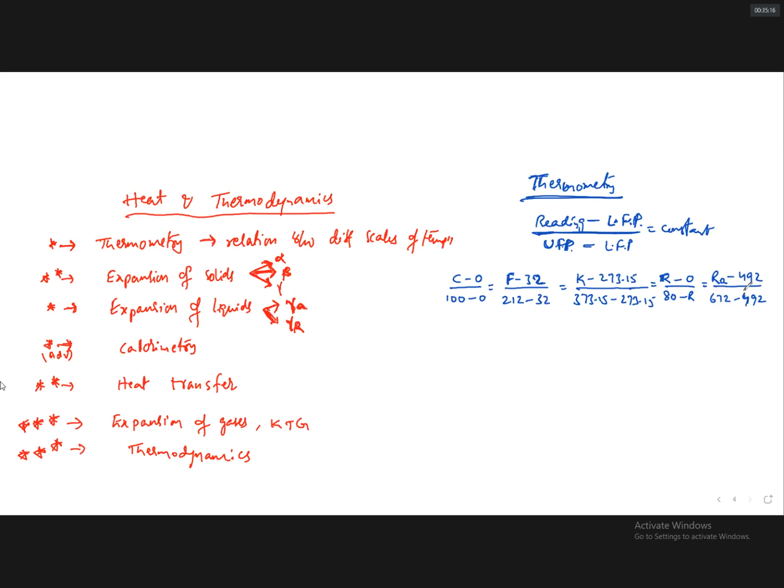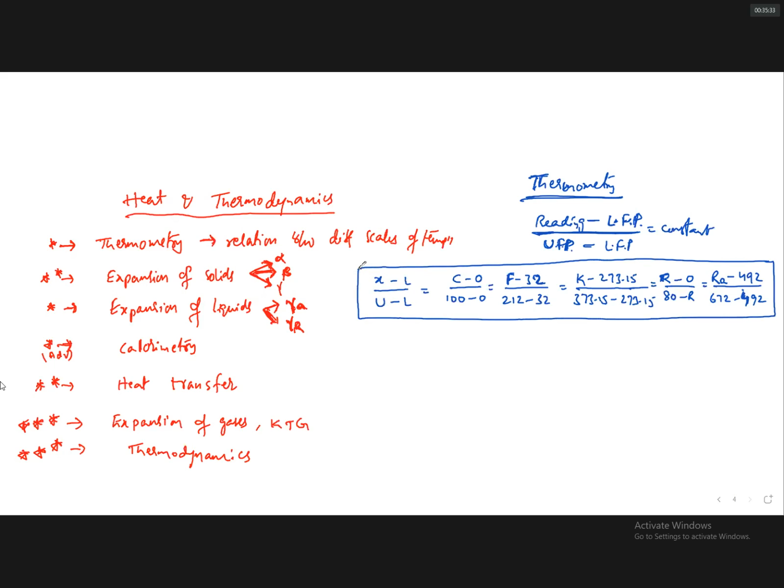This is the relation between different scales of temperature. In an unknown thermometer, the reading is X, the lower fixed point is L, and the upper fixed point is U. We have to convert that faulty reading into a correct Celsius or Fahrenheit reading by using these equations.